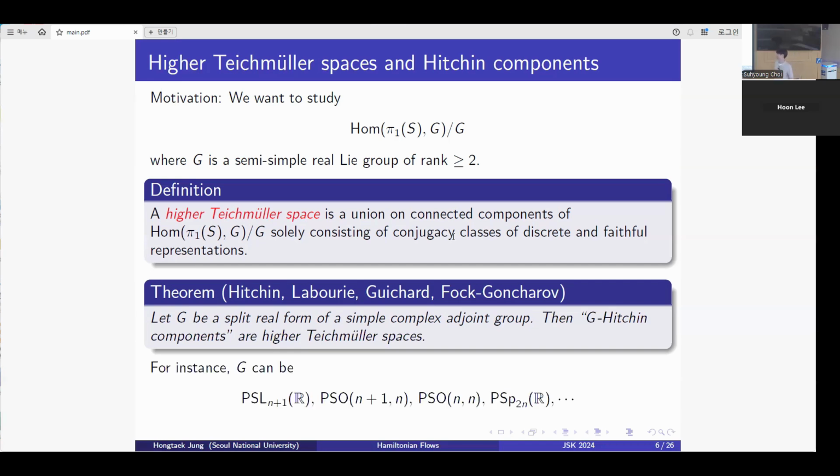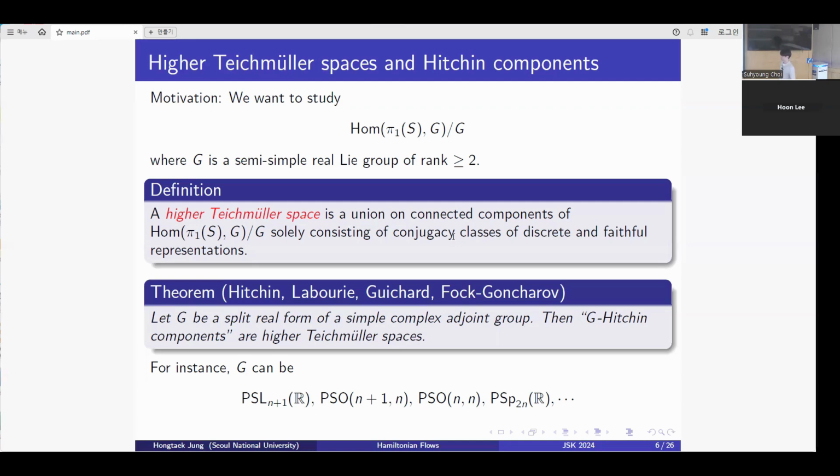If you are allergic to these complicated terminologies, you just assume that G is like PSL N R, which is the A_N type, PSO N plus 1 N, B_N type. I messed up the order. PSO N N, this is a D_N type, or the real symplectic group of rank 2n, this is a C_N type.